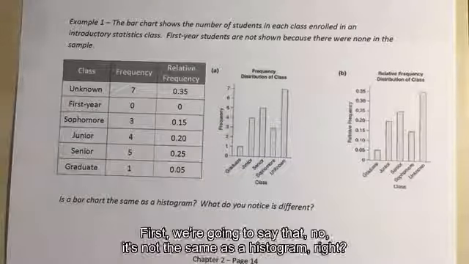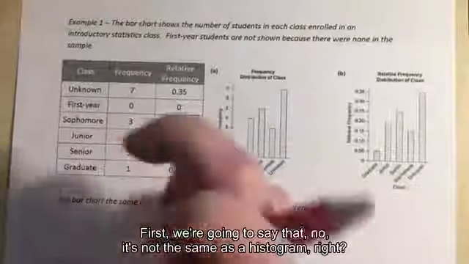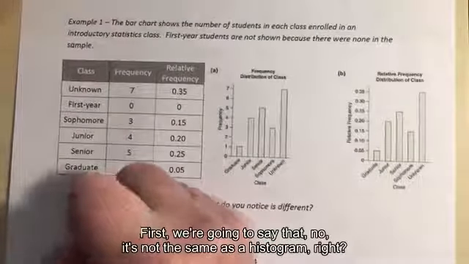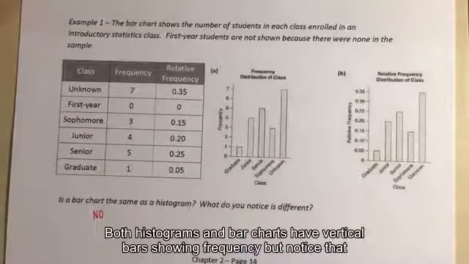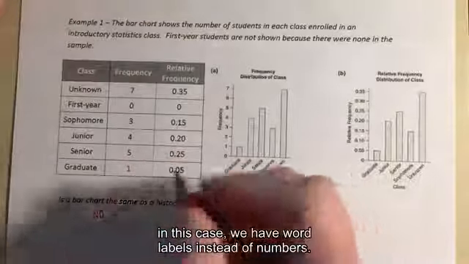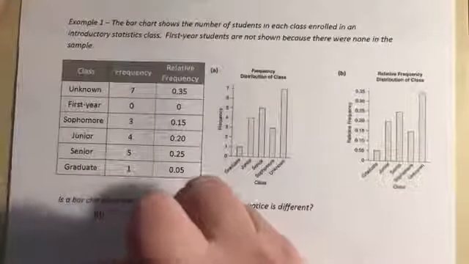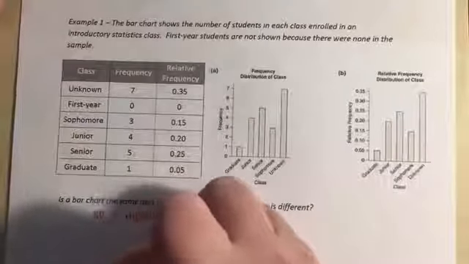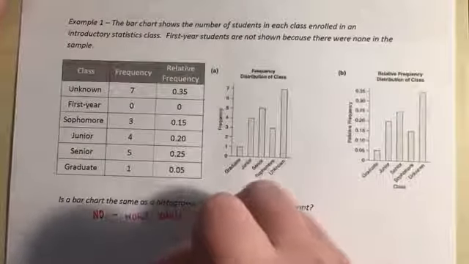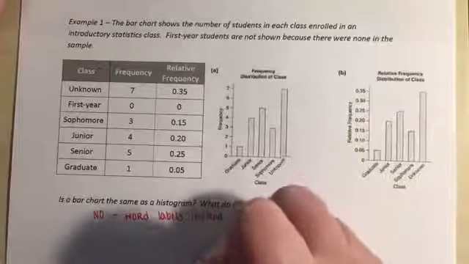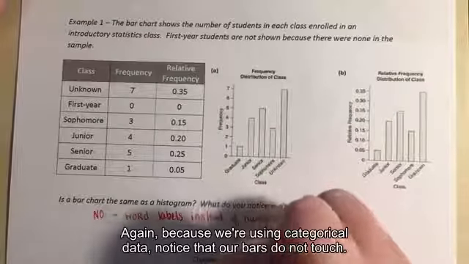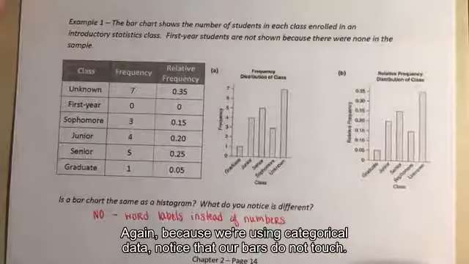All right, well, first we're going to say that no, it's not the same as a histogram. Both histograms and bar charts have vertical bars showing frequency, but notice that in this case we have word labels instead of numbers, again, because we're using categorical data.